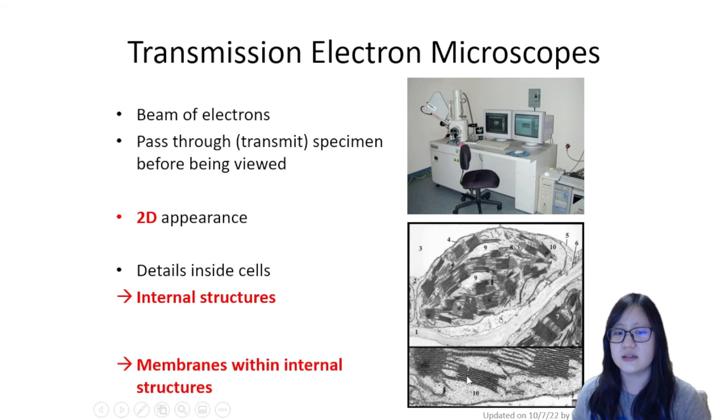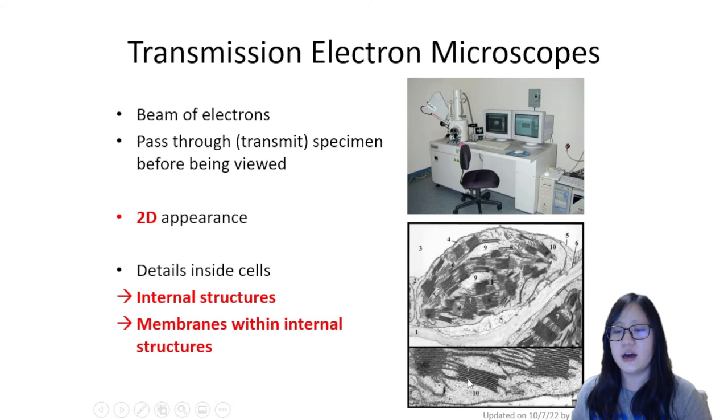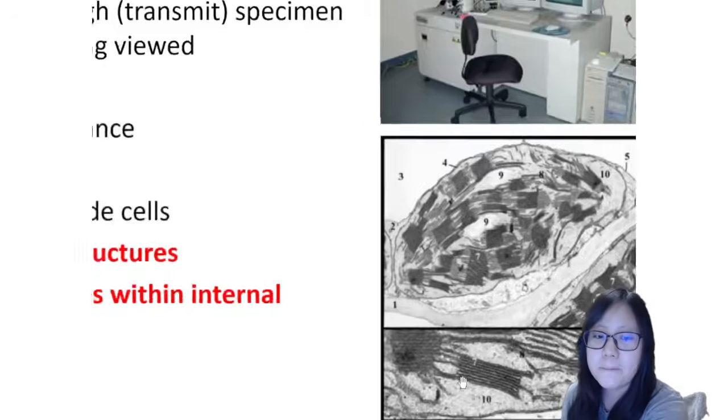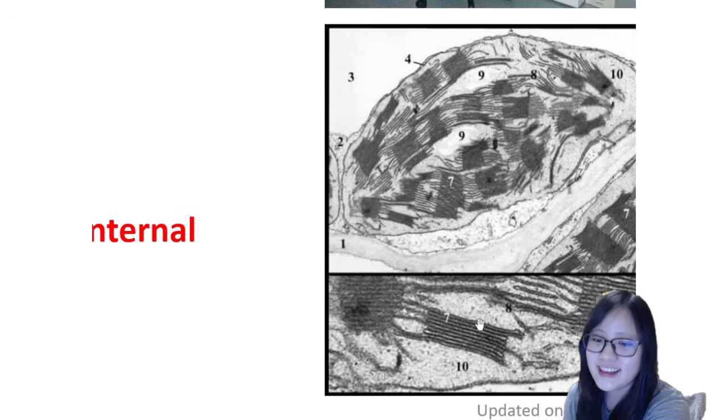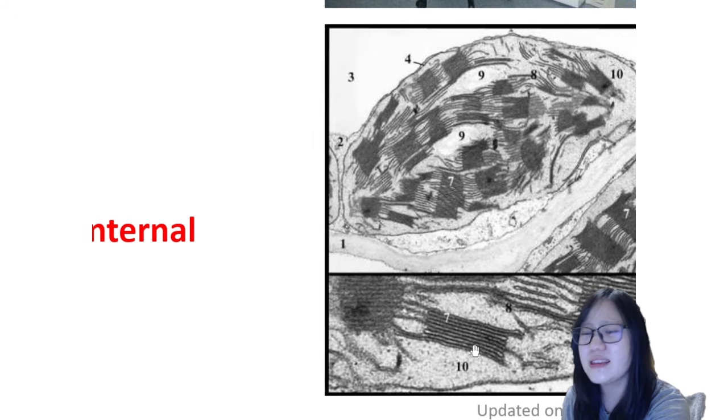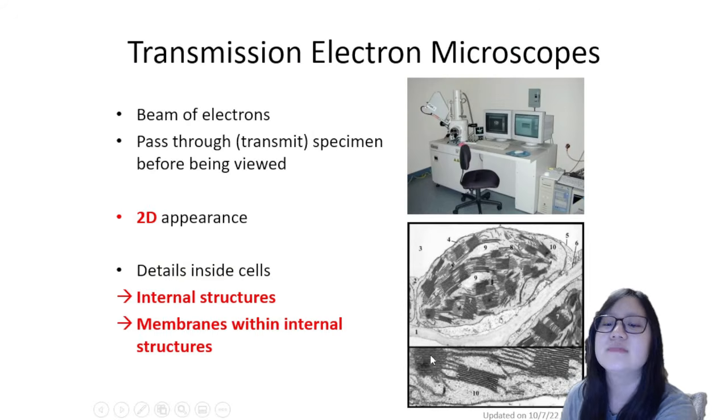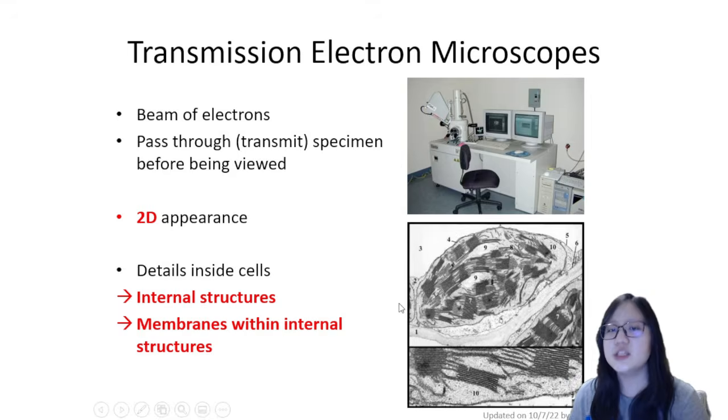These are details. These are internal structures. Transmission electron microscopes have such high resolution. You can even look at the membranes within those internal structures here. These are tiny thin membranes. That is crazy. Anyways, that's transmission.